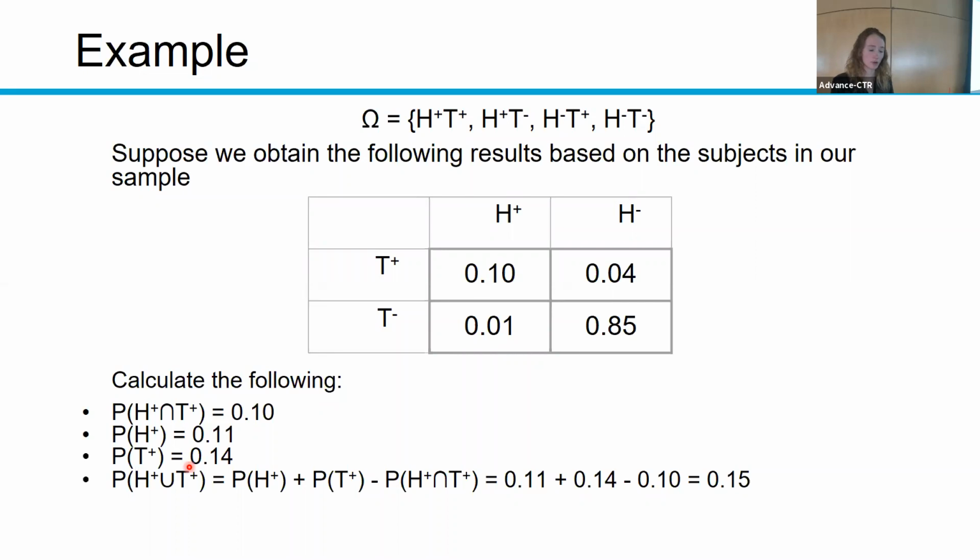The way that you know that is because being mutually exclusive means your intersection is equal to 0. So this intersection, we can actually look right up here, and their intersection is 0.1. So they're not mutually exclusive. There is some overlap between those two. Okay. So if we calculate that out, we'll have these probabilities.